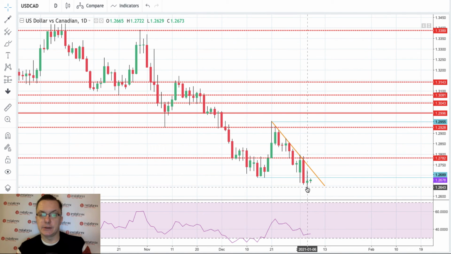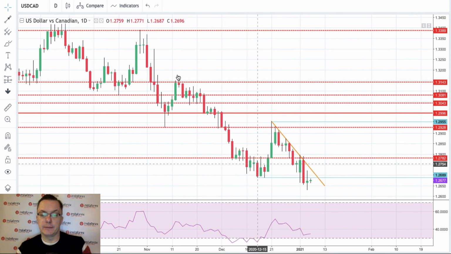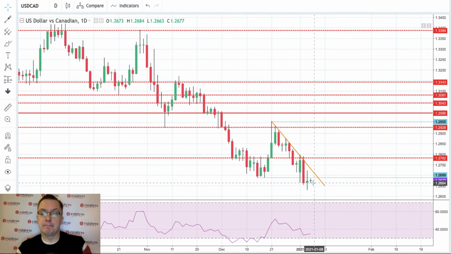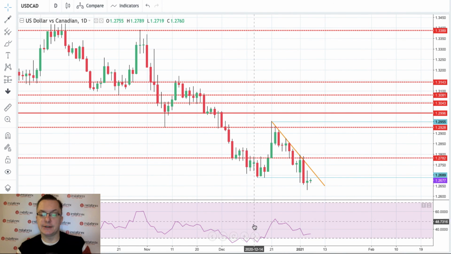This move down is not made on very strong momentum as it was made here on the previous swing low. So any bullish attempt to break above 1.2689 and then 1.2782 might be the result of the market trying to trade this bullish divergence.